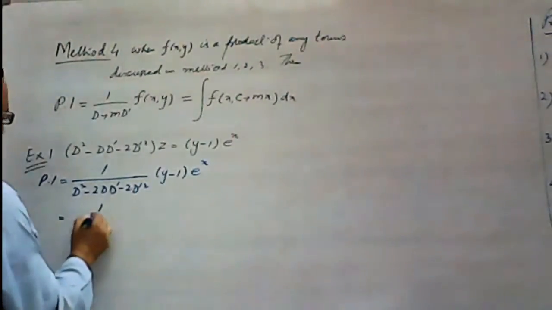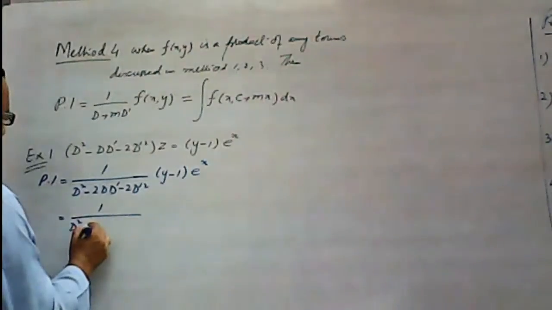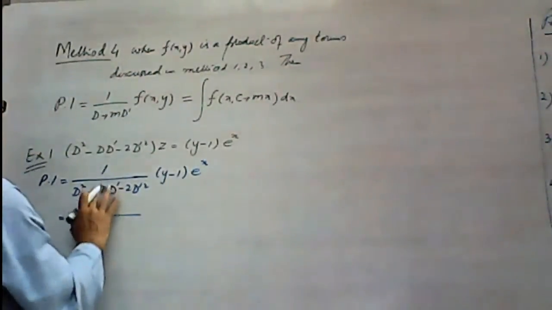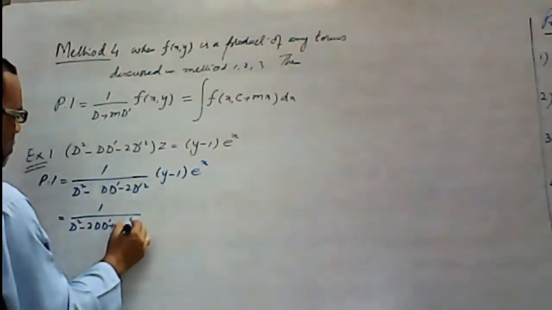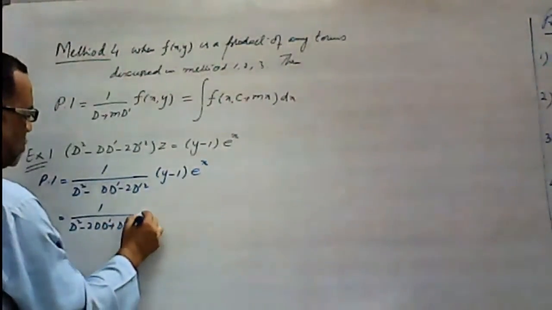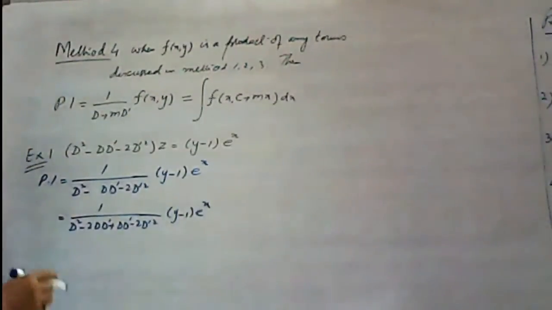So if I break this one, then we have d square minus 2d d dash plus d d dash minus 2d dash square applying on y minus 1 e power x.